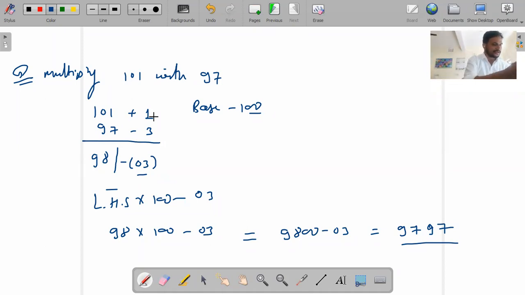Was there any other case that we discussed in the last class? Multiple base, okay. When the number of digits in RHS exceeds the number of zeros in the base, that means carry.